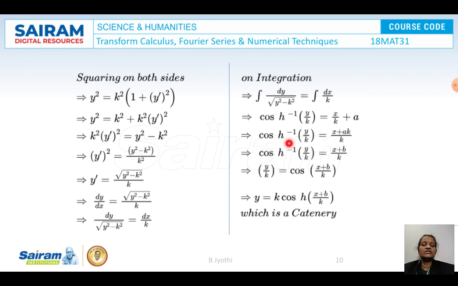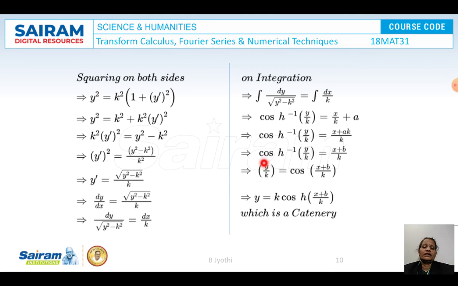So cosh inverse of y by k equals x plus ak divided by k, by taking the LCM, or putting ak equal to some other constant, say b, we get x plus b divided by k.